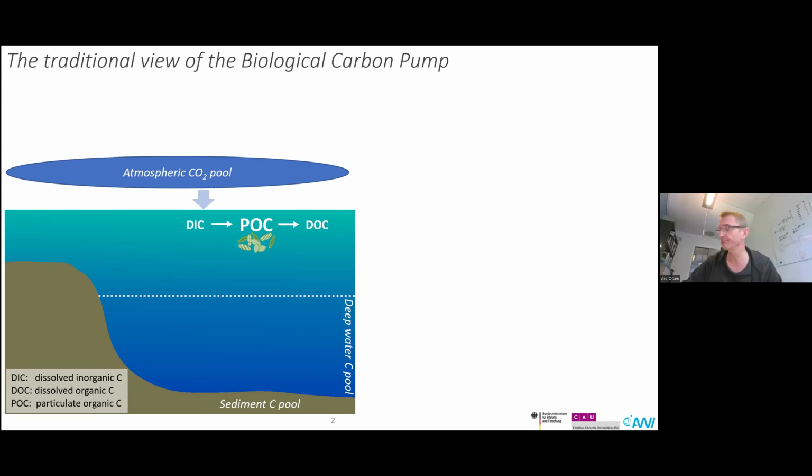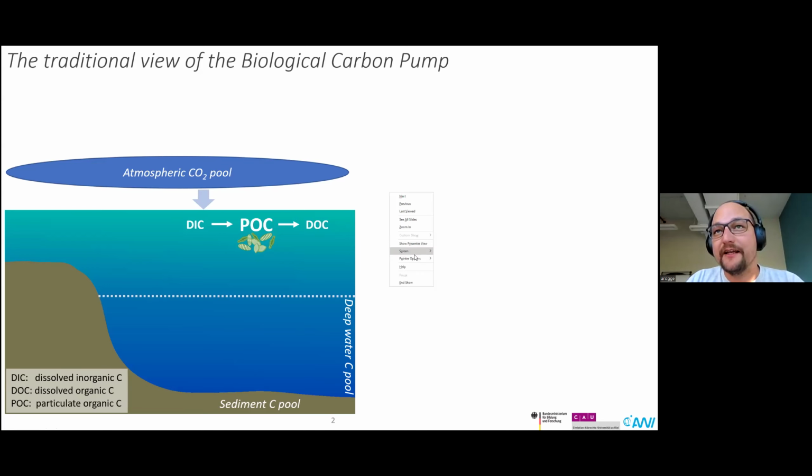Then first of all, I will give you a short introduction about the biological carbon pump. Very briefly, in the upper ocean in the euphotic zone, we have the production of POC by phytoplankton, and this causes a decline in the concentration of dissolved inorganic carbon and causes a concentration gradient towards the atmosphere and an influx of CO2 into the water.